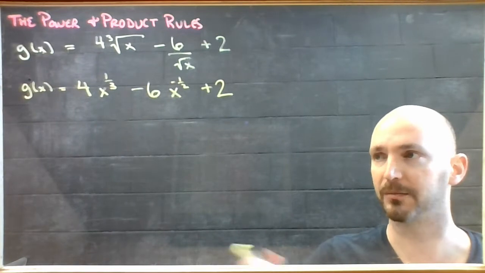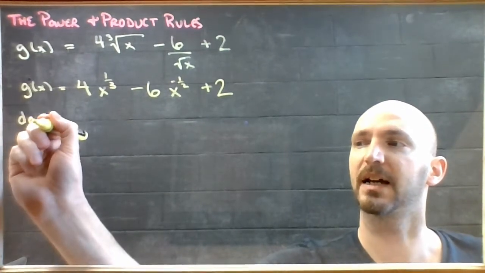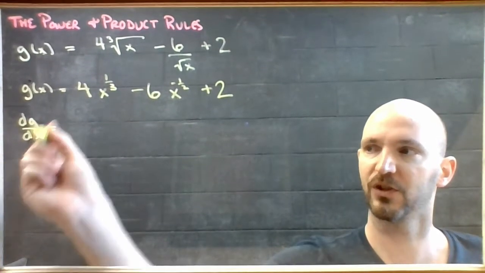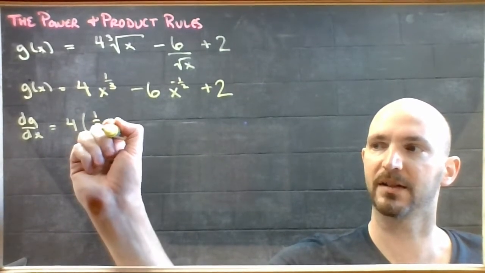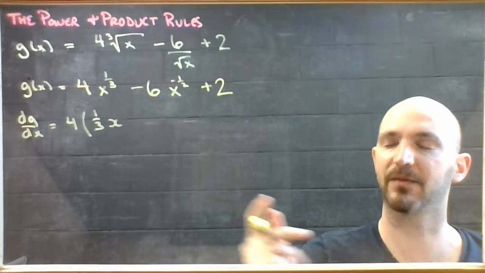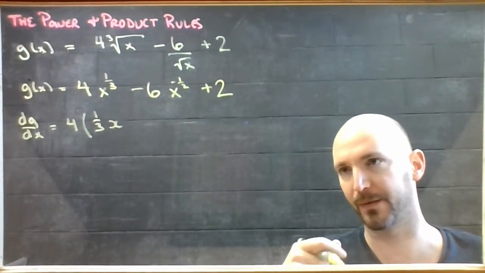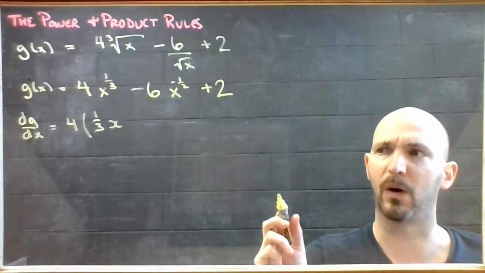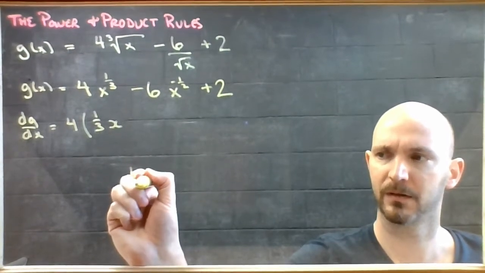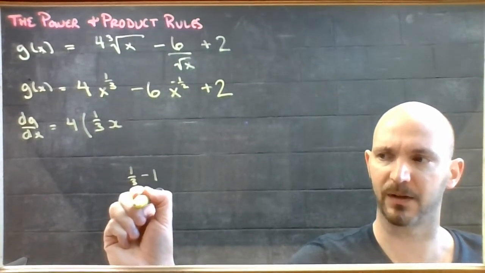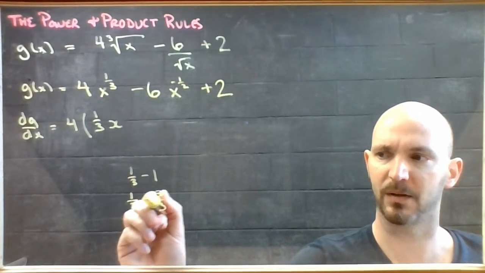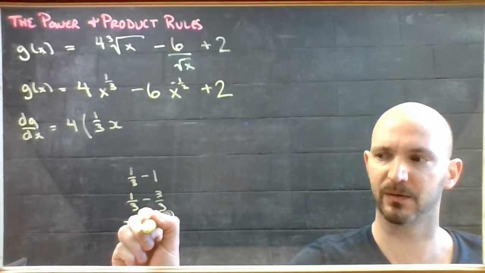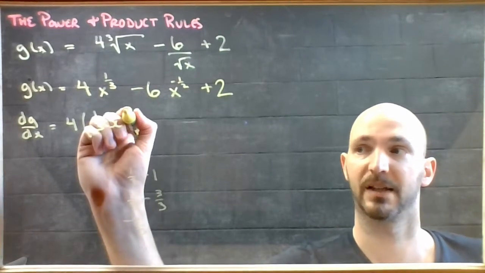Okay, here we go. So dg by dx should be, keep the 4, drop the exponent in front, keep the x, and I have to subtract 1 from 1/3. So 1/3 minus 1, that's 1/3 minus 3/3. That's 1 minus 3, which is -2/3. So that's what goes up here.